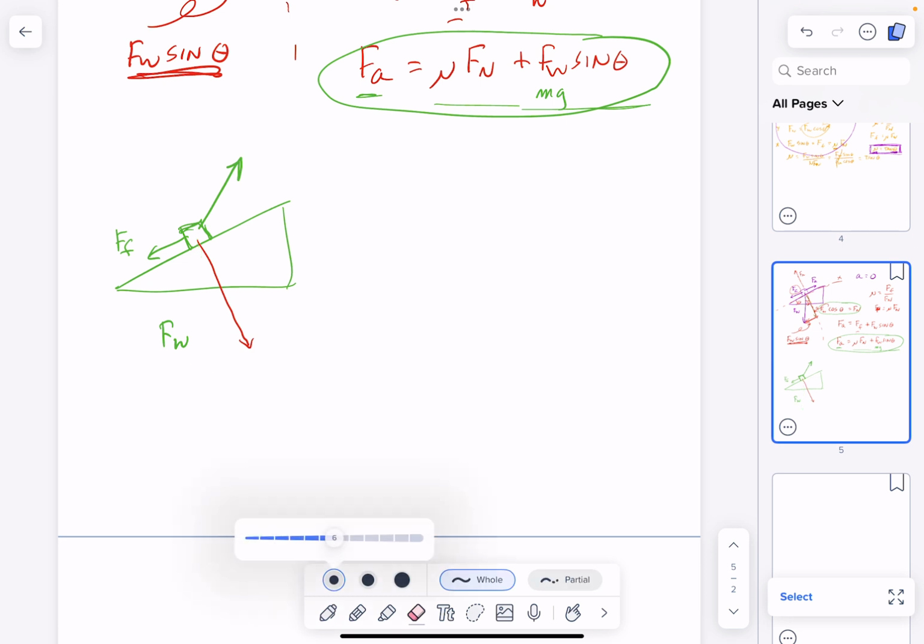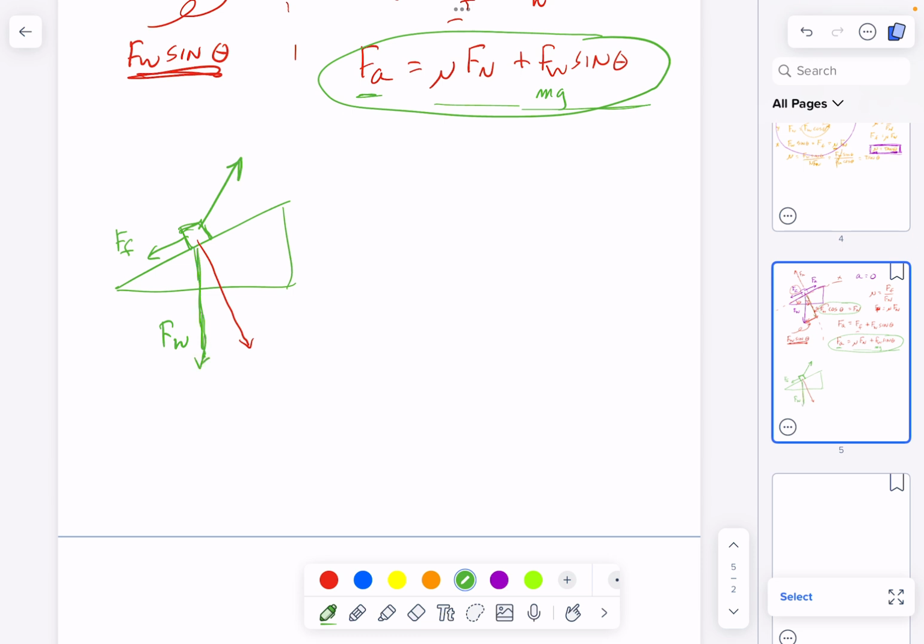Here we go. There's my F sub W acting down.